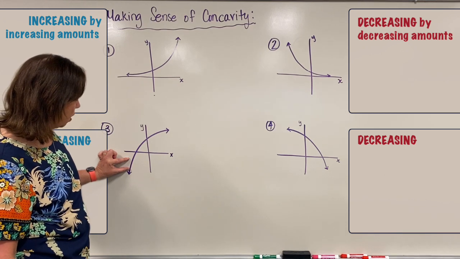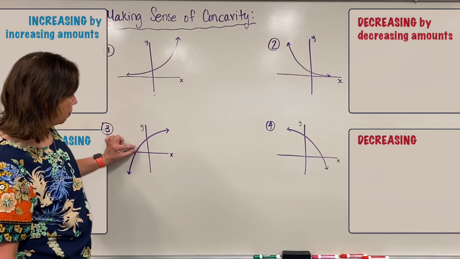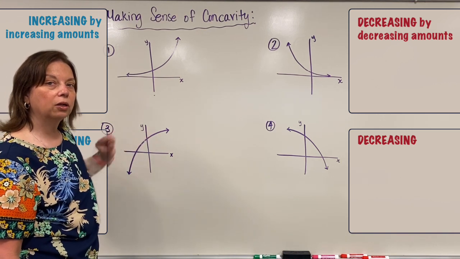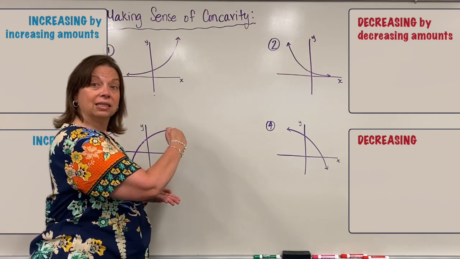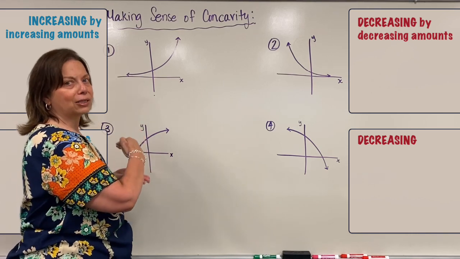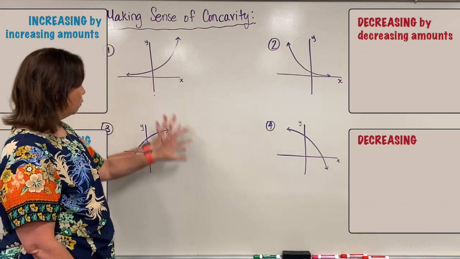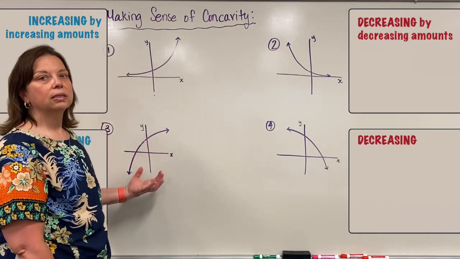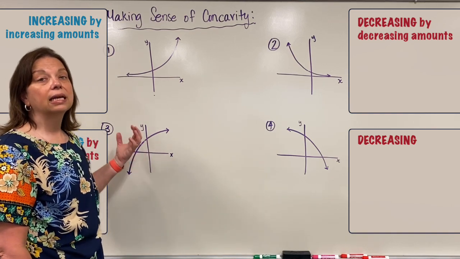Well, as I continue on, my Y values are certainly increasing, but they are doing so by smaller and smaller increases. So while we would categorize this function as increasing, we would say this function is increasing by decreasing amounts.